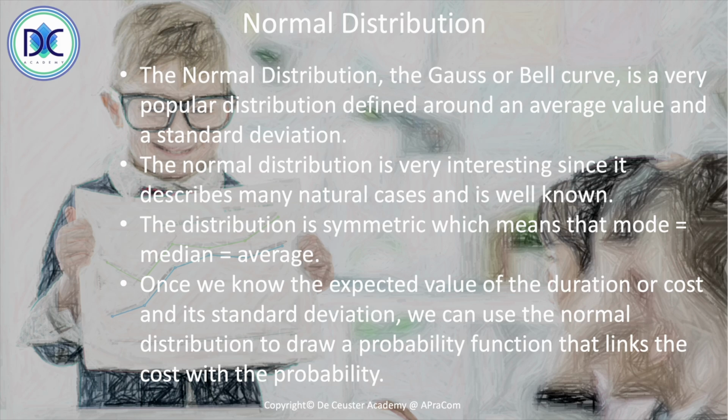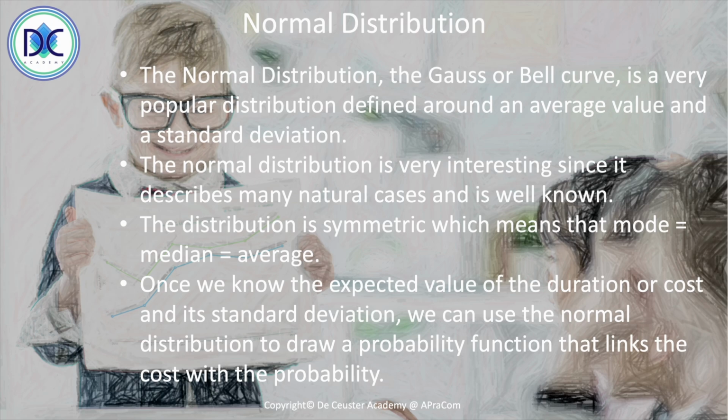We are going to use this distribution once we know the expected value of the duration or cost and its standard deviation, and we can use these two to do the calculations using a probability function based on the normal distribution. And we can use this to link the cost, for example, with probability.